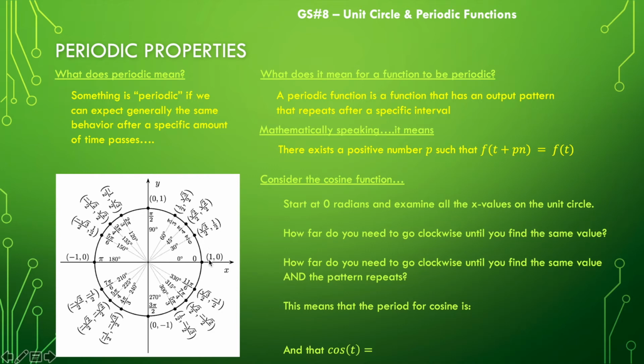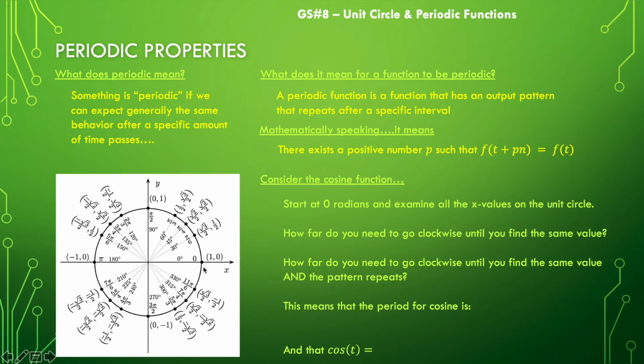So we start at 1. We progress to rad 3 over 2, then rad 2 over 2, then 1/2, then 0. Then negative 1/2, then negative rad 2 over 2, then negative rad 3 over 2, and negative 1. And then back to negative rad 3 over 2. Oh, I see a repetition there. But then negative rad 2 over 2, negative 1/2, 0. If I look at all of those all the way around.